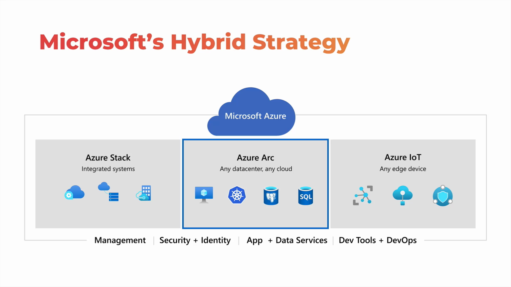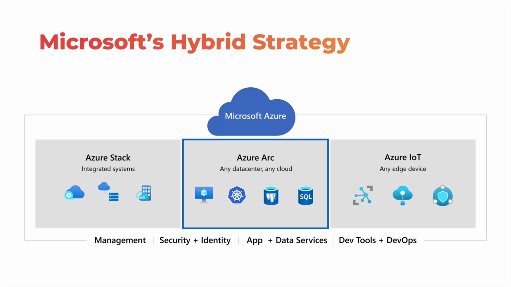Now, in between Azure Stack and Azure IoT comes Azure Arc, which is bridging the gap between existing environments such as on-prem data centers, colo environments, and even other public cloud platforms, which are running customer workloads in the form of virtual machines and Kubernetes clusters, and it is enabling customers to run data services on any of these environments.